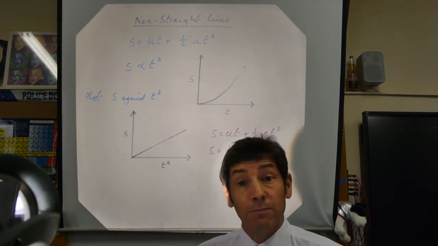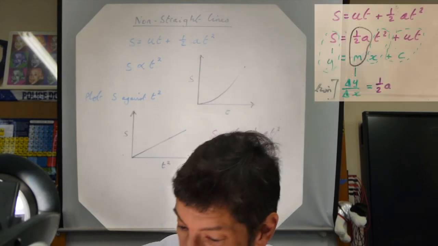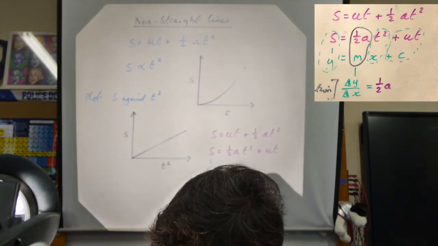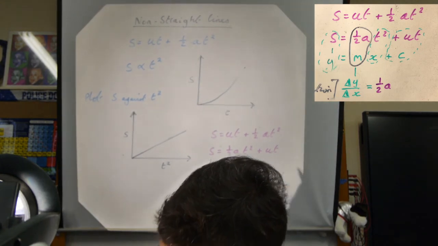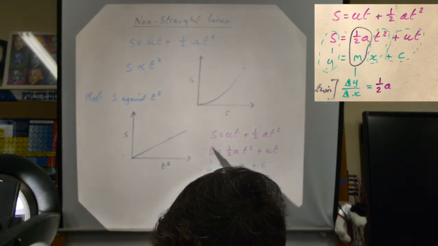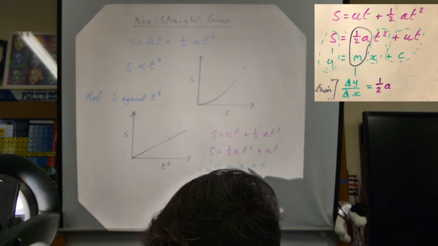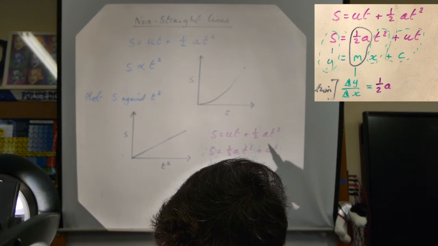And let's compare that to the equation for a straight line. So y equals mx plus c. So there's our y, our S value. There's our x value. Our plus c, I've just said is 0 for the moment.